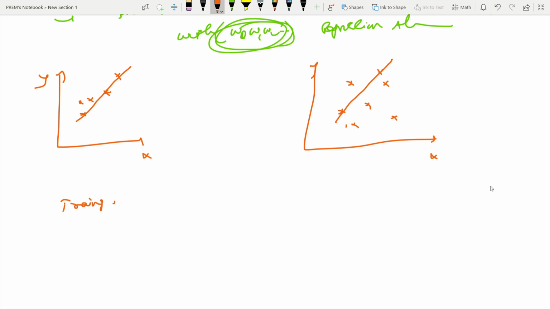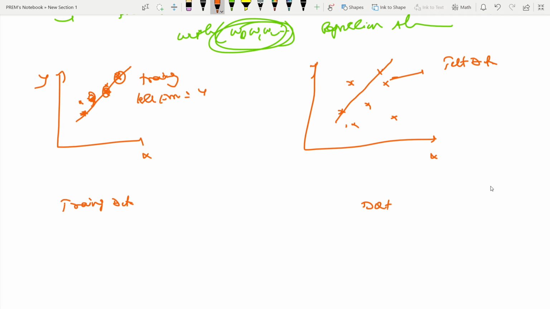This is my training data and this is my test data. The data scattered here is called the test data, and this is the training data. While training the model, I'm getting less error.